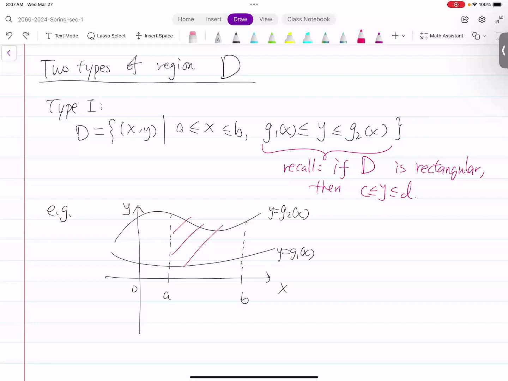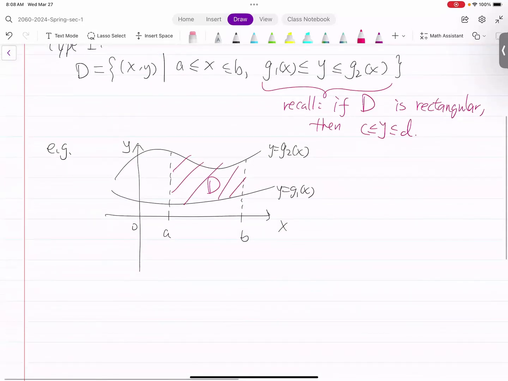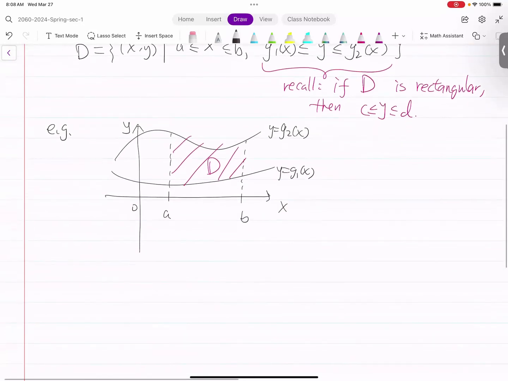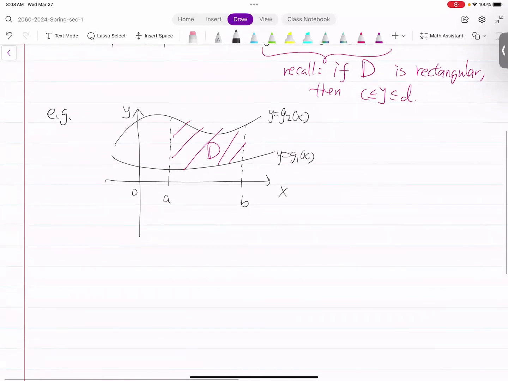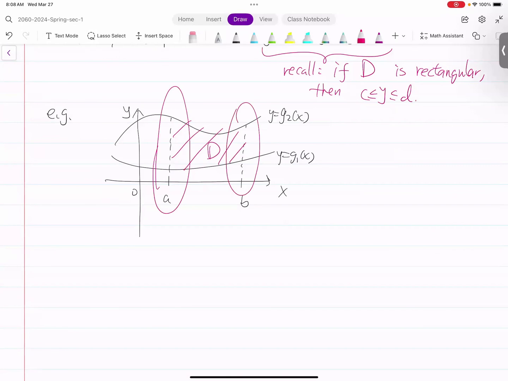So that's D. If you see vertical boundaries like these, that's a clear indication that we use vertical bars to sweep along this region from x equals a to x equals b. So just use vertical bars to cover it.